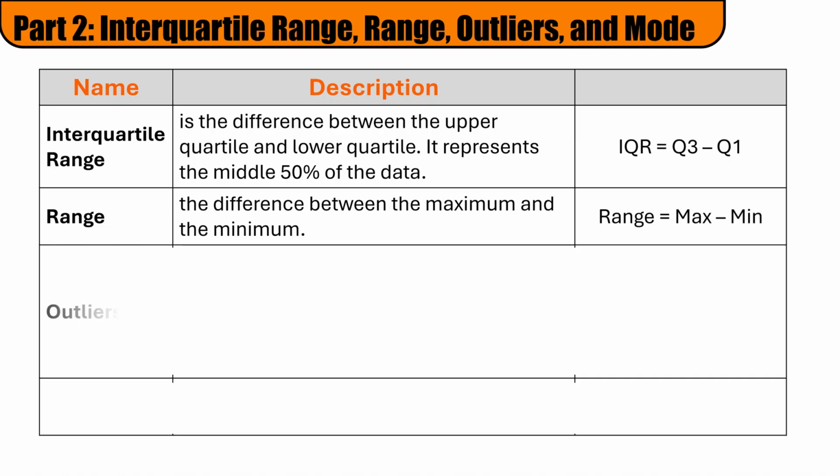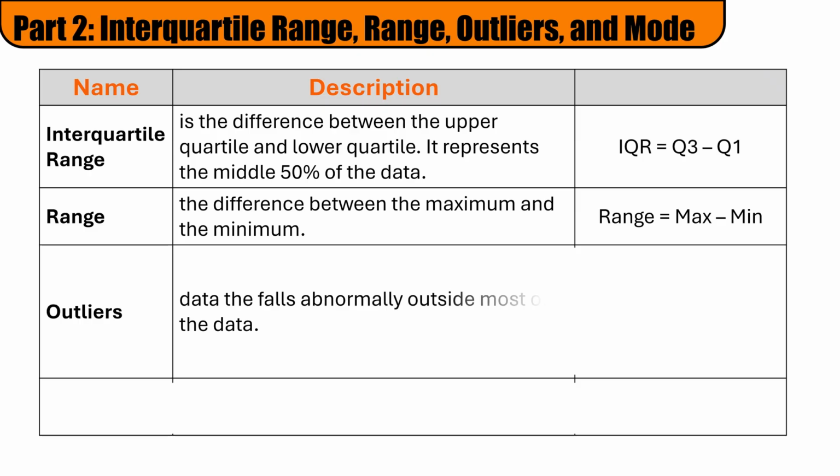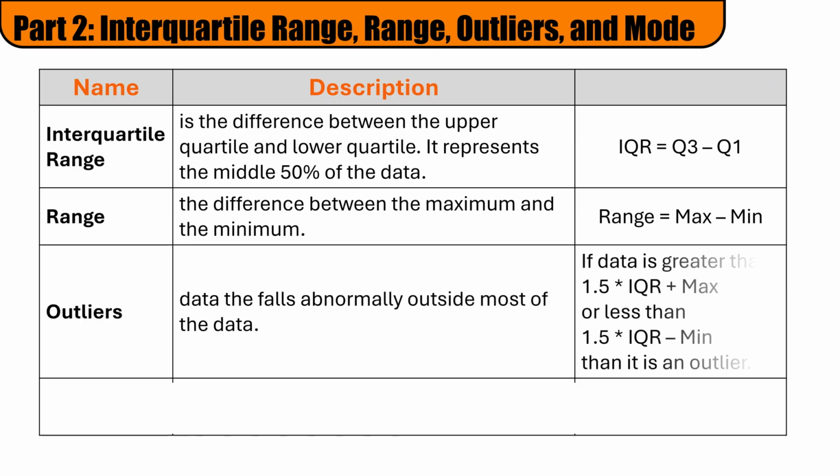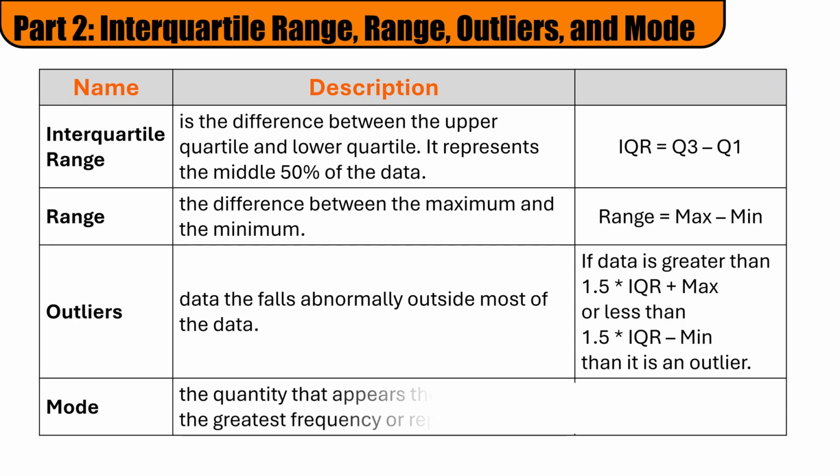The third term is outliers. Outliers are values that fall far outside the typical pattern of the data, and they can strongly affect the mean and the spread. And finally, the mode. The mode is the value, or values, that occur most often in a dataset. These 4 ideas help us better understand how data behaves and how it's distributed.